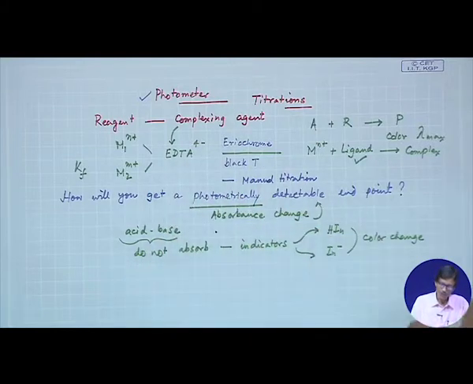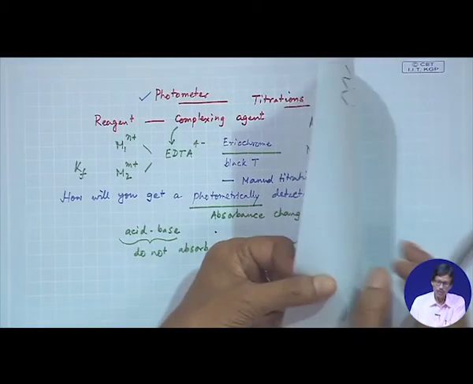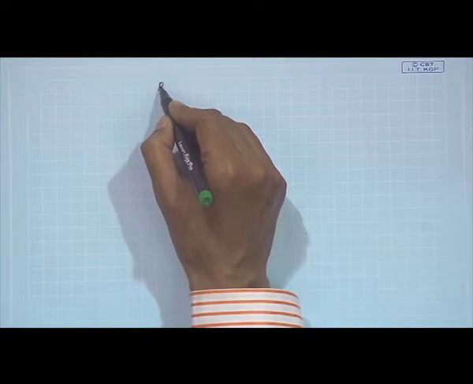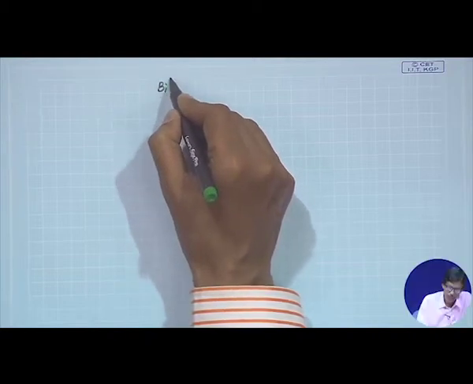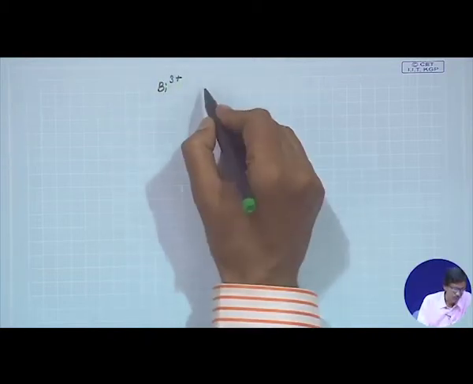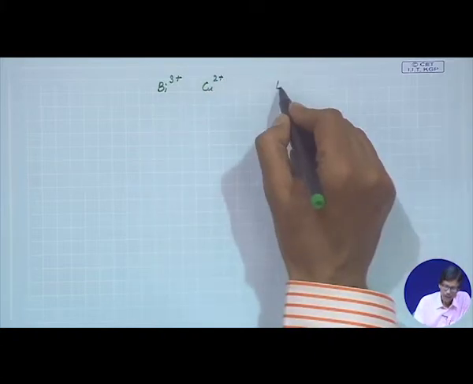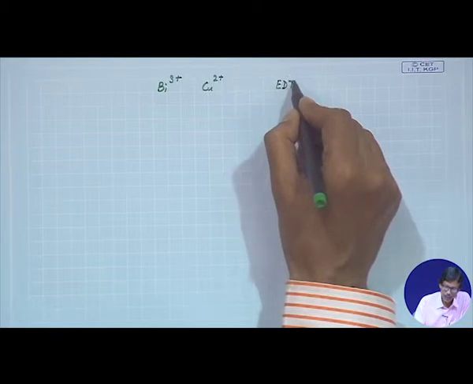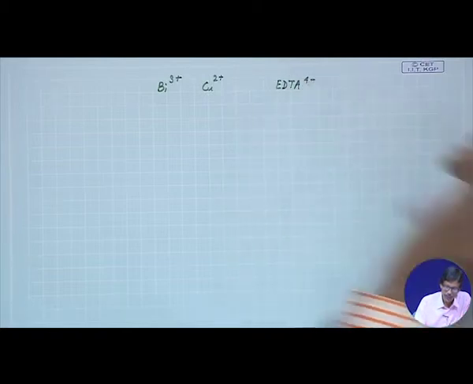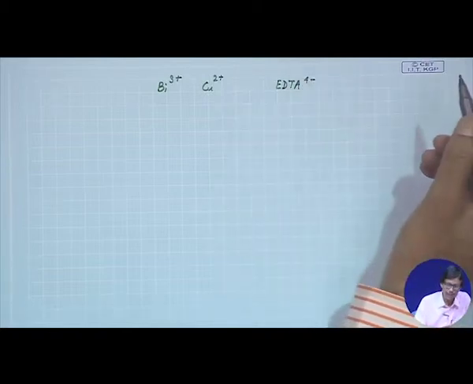So, this is one such example we can see, if we have two completely different species, one is bismuth 3 plus, another is copper 2 plus, and we use EDTA 4 minus for the complexation reaction.